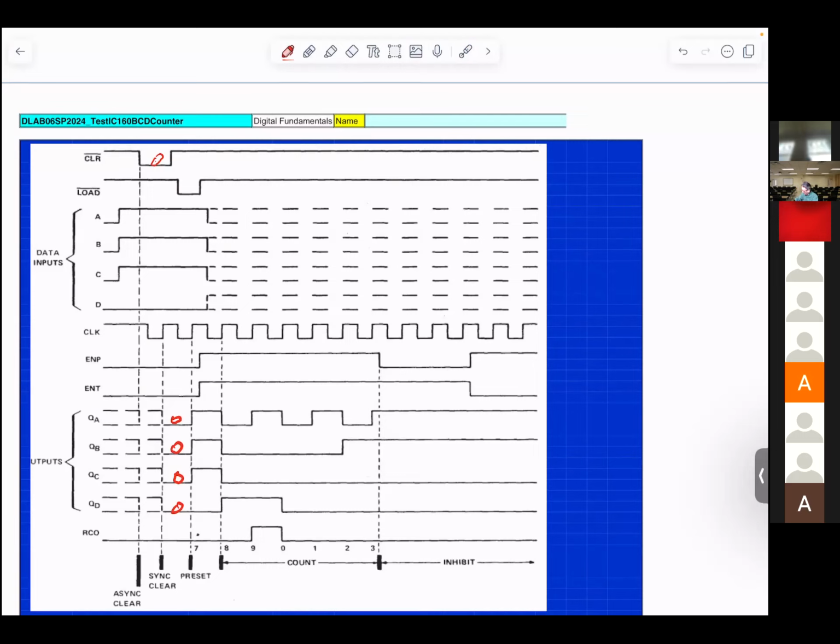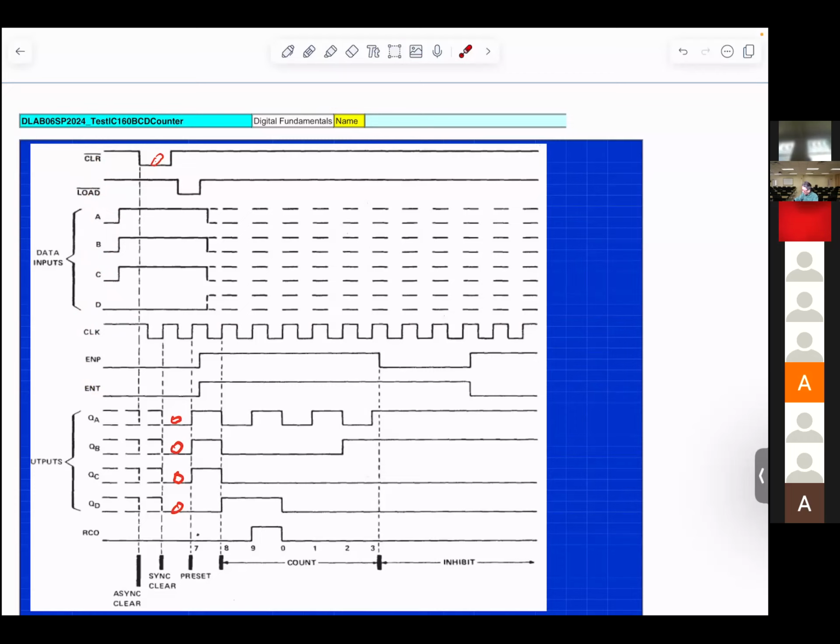First thing, the load, that's one input. A, B, C, D, another input. Clock, and P and T, that's the input here.